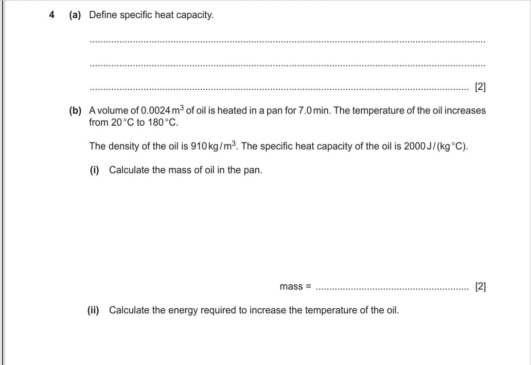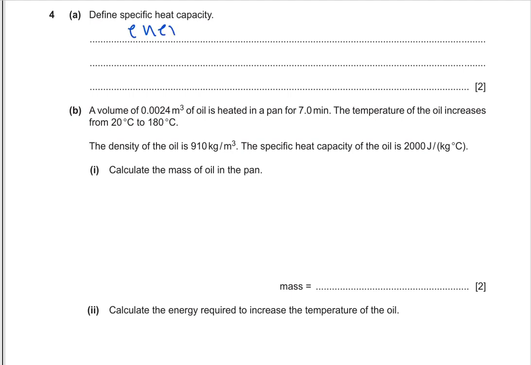In general, we know specific heat capacity, it's the amount of heat energy needed to increase the unit of mass by a unit temperature, or the heat energy needed to increase the temperature of 1 kilogram by 1 Celsius degree.